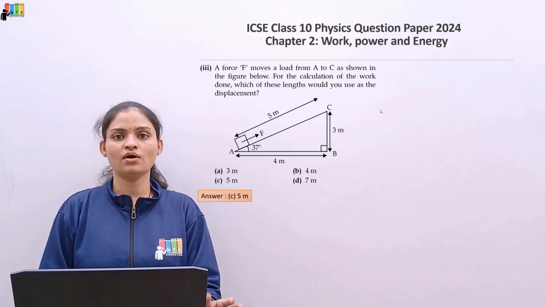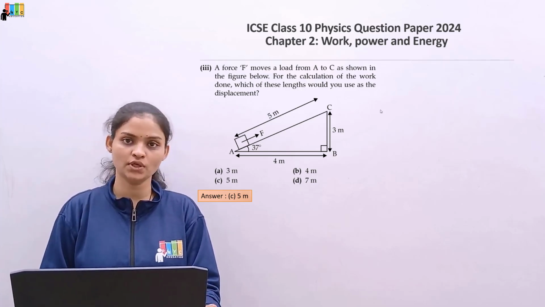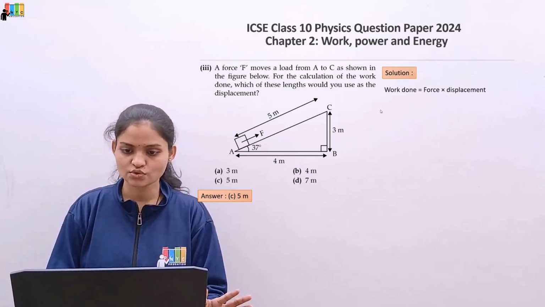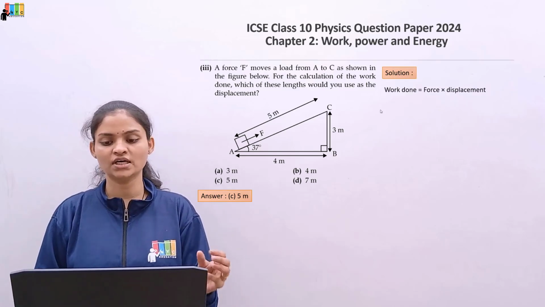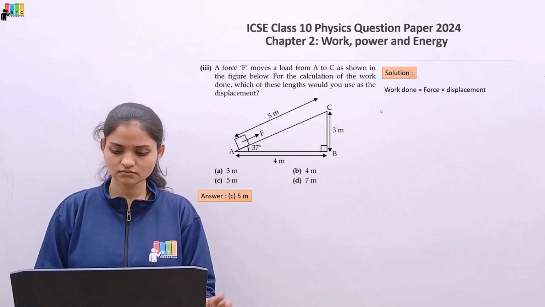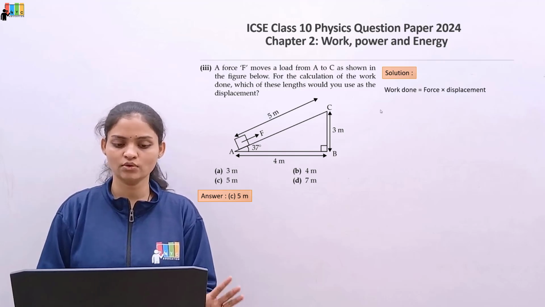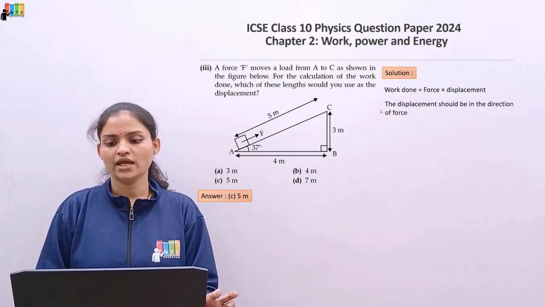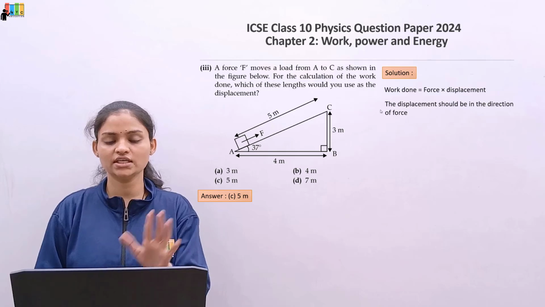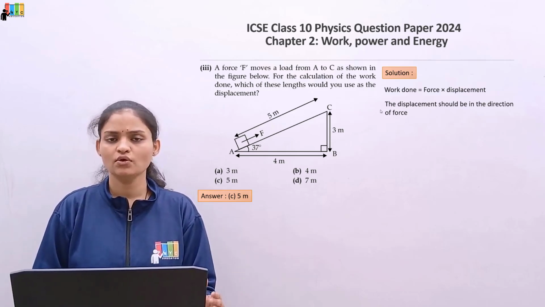So this is on work done. We must know the formula for work done. So what is work done? Work done is equal to force into displacement. Now we can see that there is some force acting on this load and there are three displacements. So which length will you use?